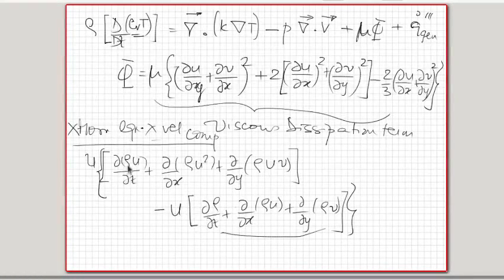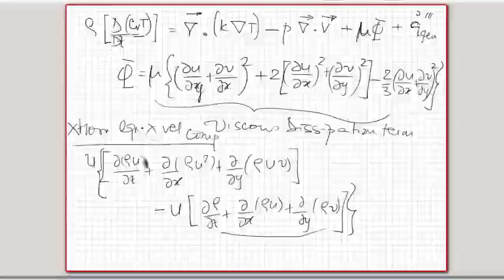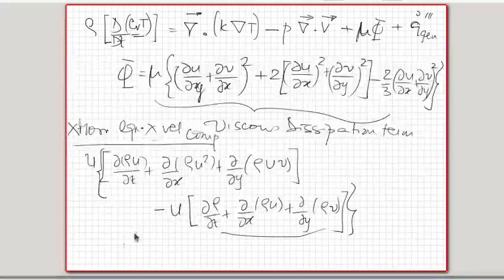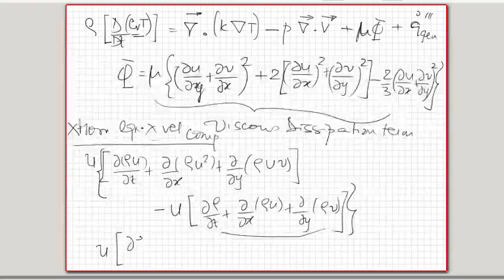So this will be ∂/∂t of ρu, which is ρ ∂u/∂t plus u ∂ρ/∂t, and subtract u ∂ρ/∂t, so that u stays outside.